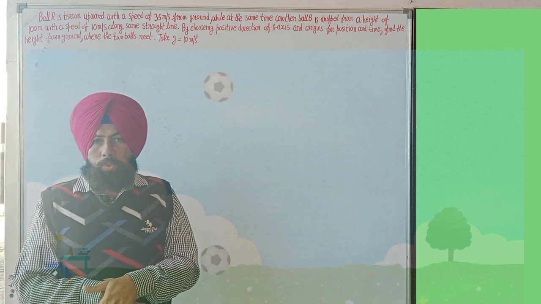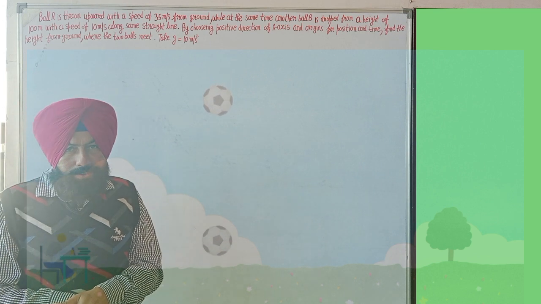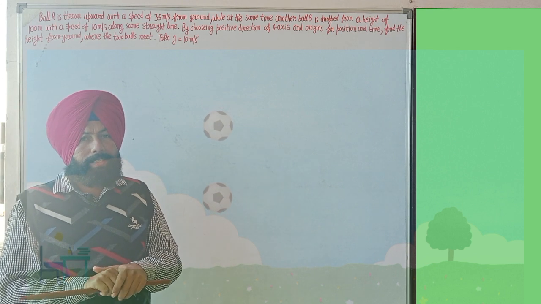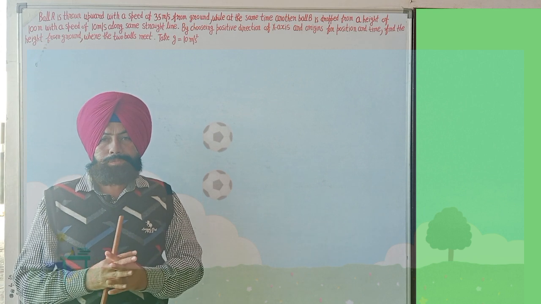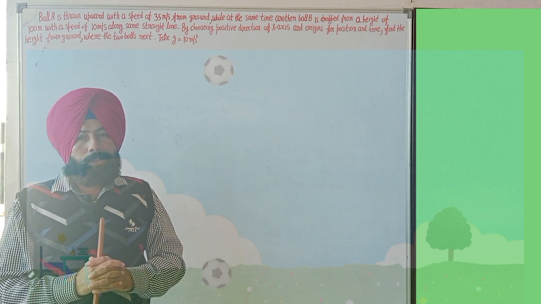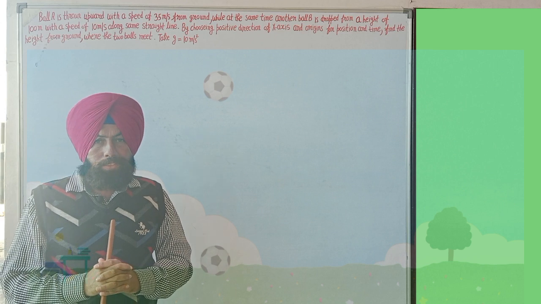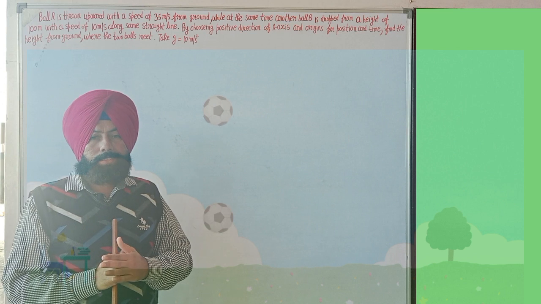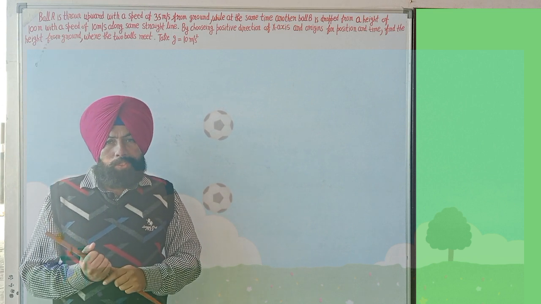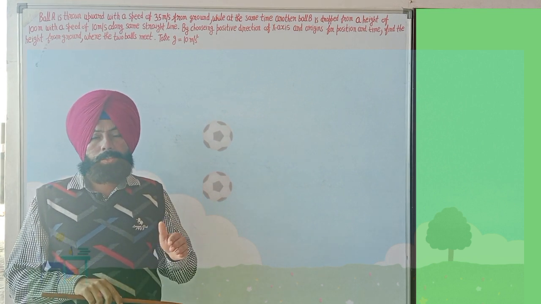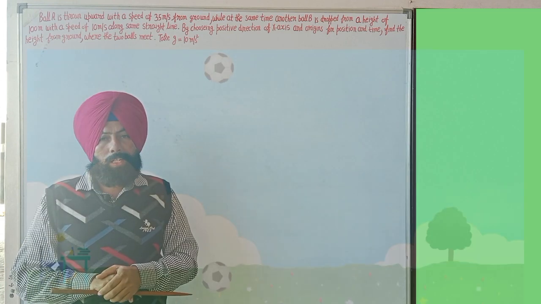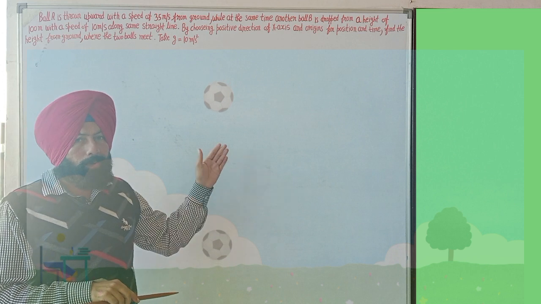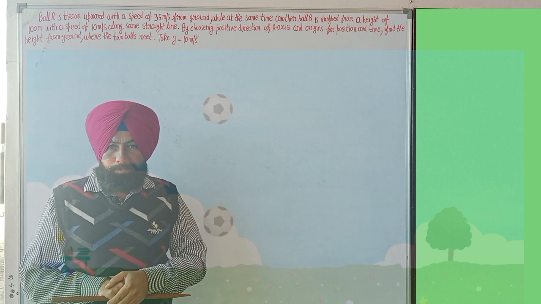Here we will use the position time relation. I have already explained these expressions on position time relation. Before watching this numerical, I suggest you first watch the videos related to position time relation, so you will be able to understand this numerical well.